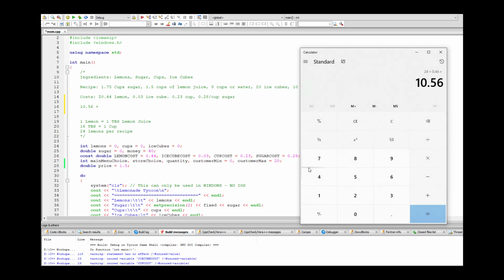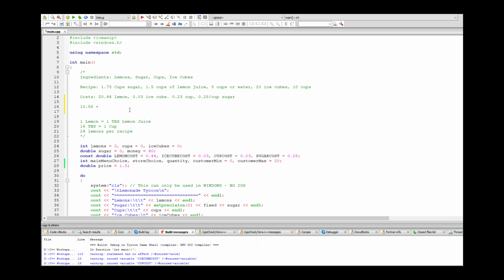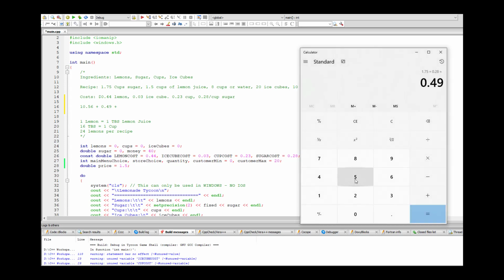All right, and let's see here. So $10.56 just for the lemons. Okay, and then we said it takes 1.75 cups, so 1.75 times 0.28 per cup of sugar. So that's going to be 49 cents worth of sugar, 0.49, plus, all right, let's see, we also need 3 cents for ice cube.